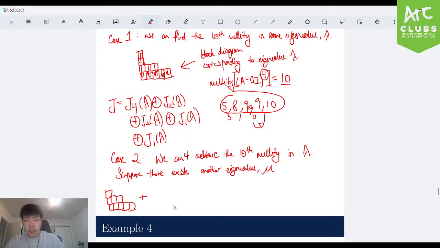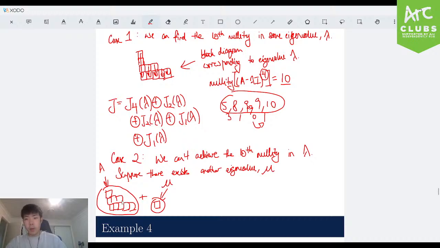But then plus another one where there's just a single block. Okay? So this is the block diagram corresponding to eigenvalue lambda, and this is the block diagram corresponding to eigenvalue mu. And that is another way we can achieve our 10th nullity, or our 10th block. Right? We will have 9 for this one here and 1 for this one here.